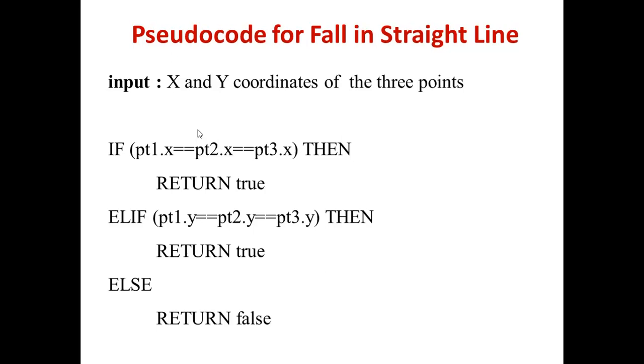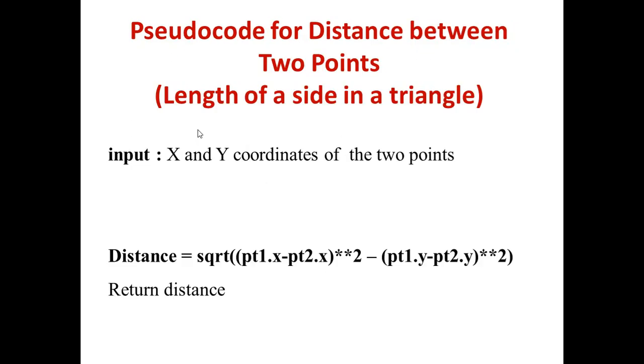If all the 3 points' x coordinate values are equal, then return true. The same way, I'm checking the y coordinates of point 1, point 2, point 3. If all are equal, then I'm returning true. Otherwise, I'm returning false. This is one logic.